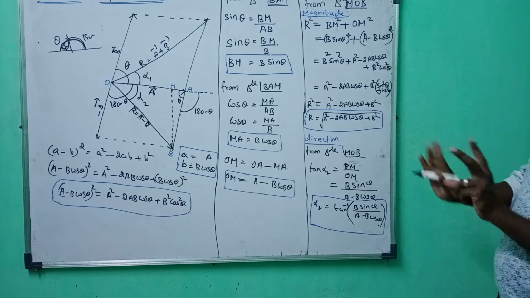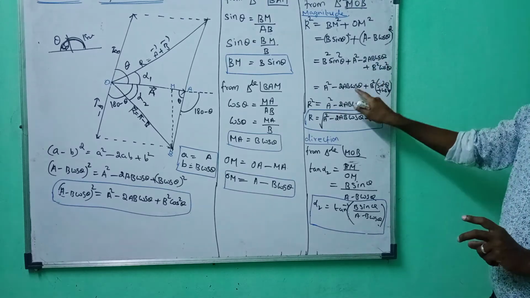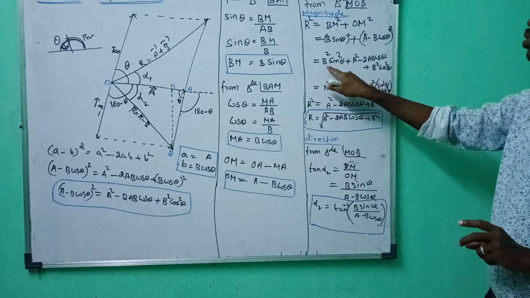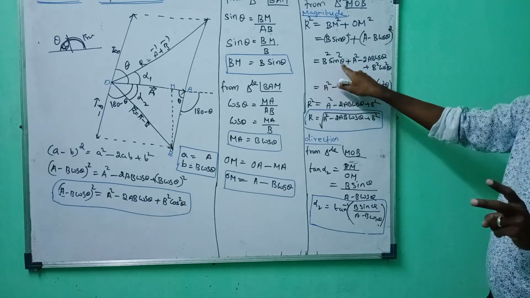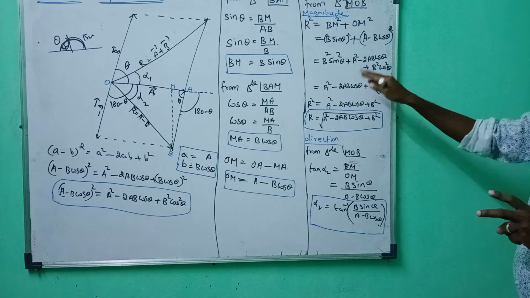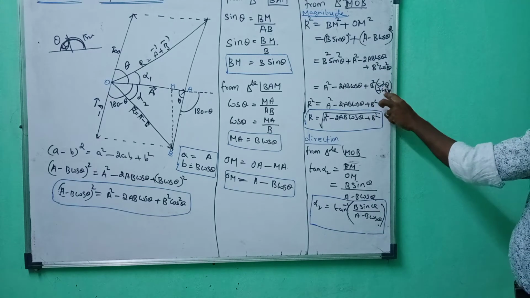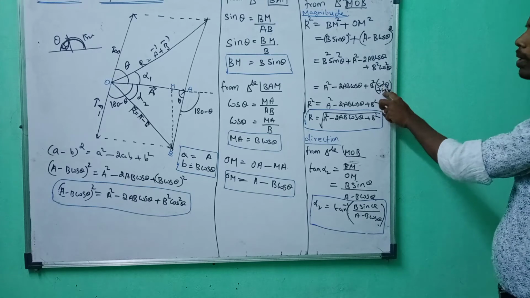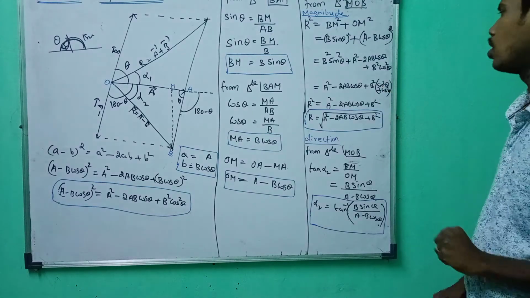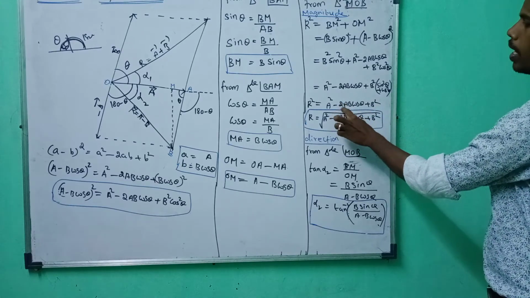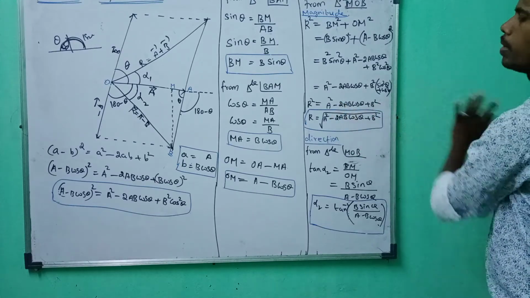B square sin square theta plus B square cos square theta. We can take B square common: B square into sin square theta plus cos square theta. The sin square theta plus cos square theta value will be 1. So it becomes B square. So A square minus 2AB cos theta plus B square.